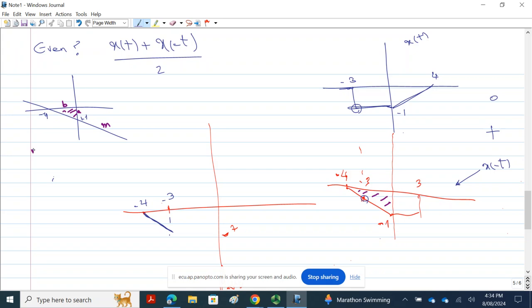So my m is a over b, or minus 1 over, what should be the answer? Minus 4. Correct. So it's 1 over 4, the slope.